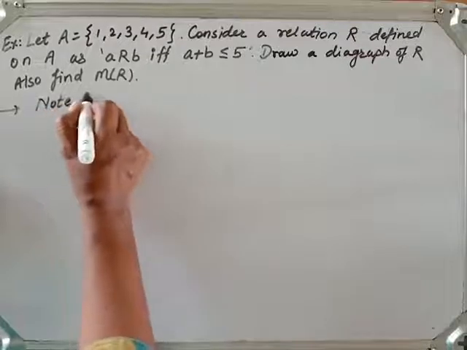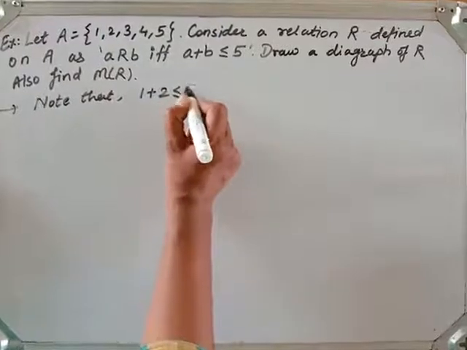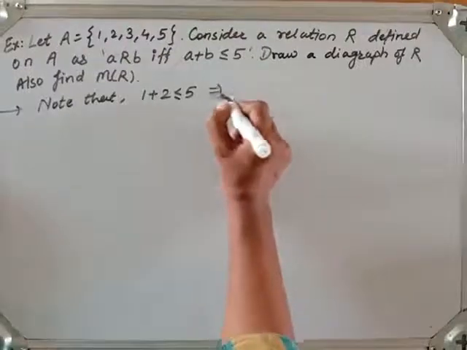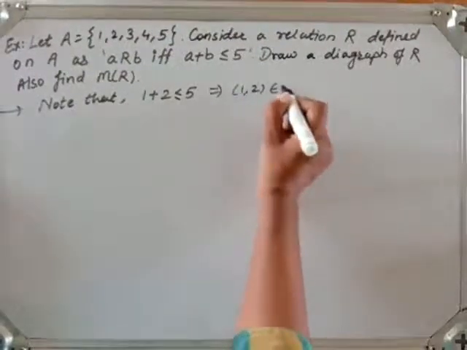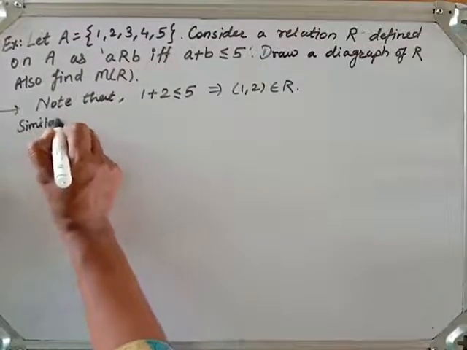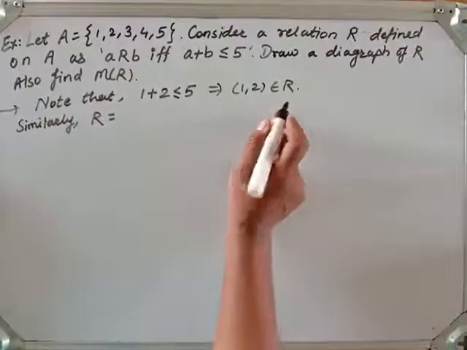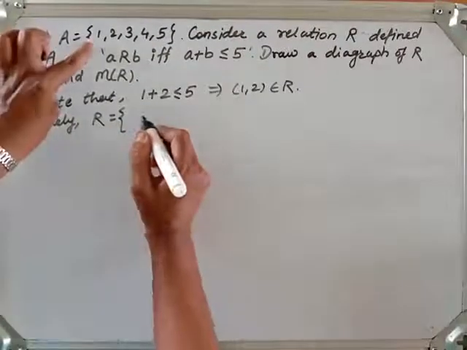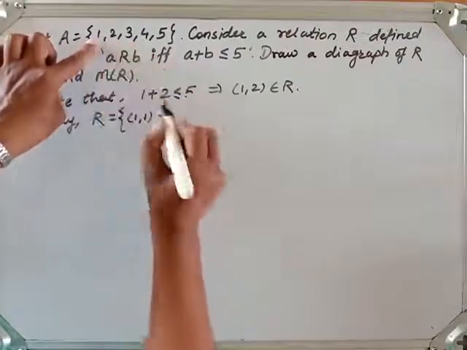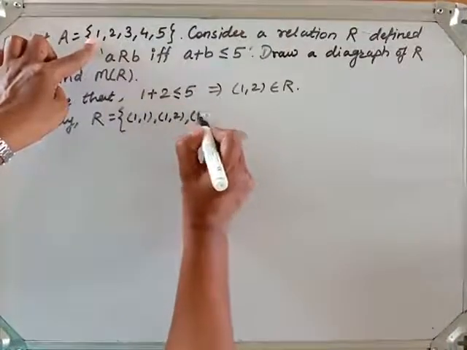Now note that 1 plus 2 is less than or equal to 5. 1 plus 1 is also less than or equal to 5. So this implies (1, 2) belongs to R. Similarly, R will become, according to this: look at (1, 1), 1 plus 1 is 2, which is less than or equal to 5. (1, 2) is there. (1, 3) is 4, so it is there.